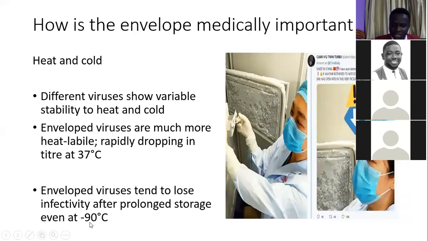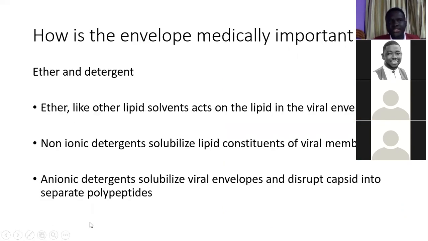Let's go forward. Ether and detergent. The common detergents we use in our homes for cleaning and other purposes also have a negative effect on viruses. In fact, I have explained the enveloped viruses to you.